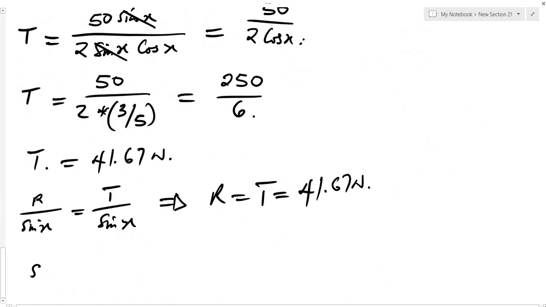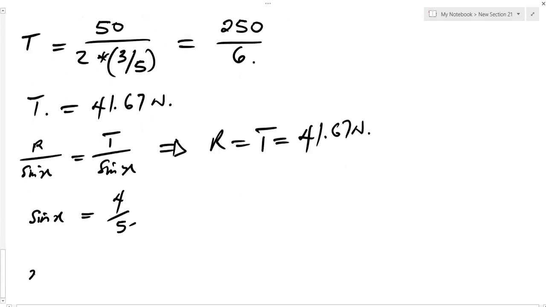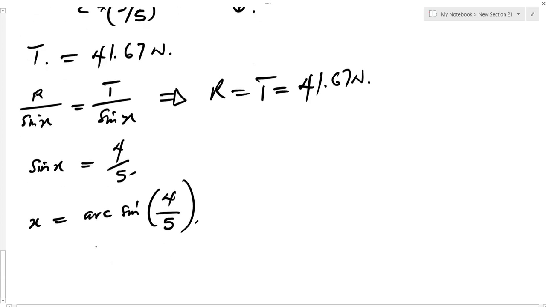We know that sine x is the same thing as 4 all over 5. So x will be arc sine of 4 all over 5. Now let's use our calculator to solve this. We have arc sine 0.8.